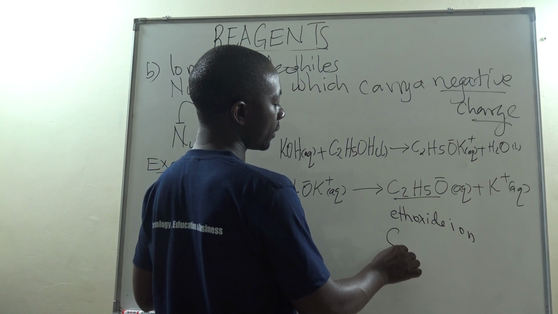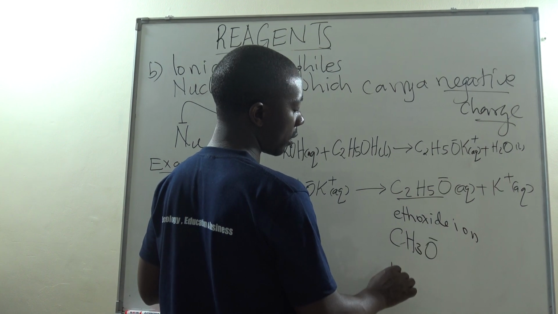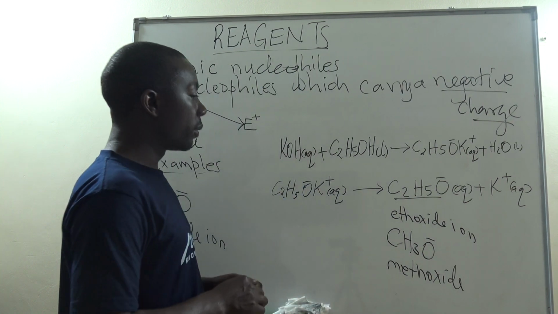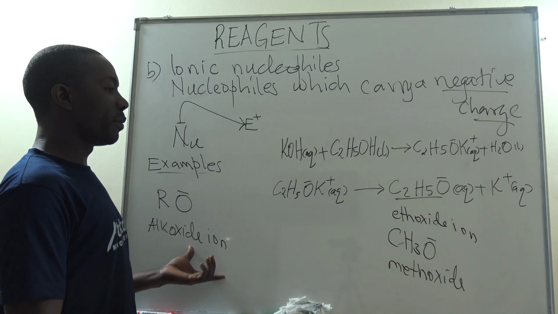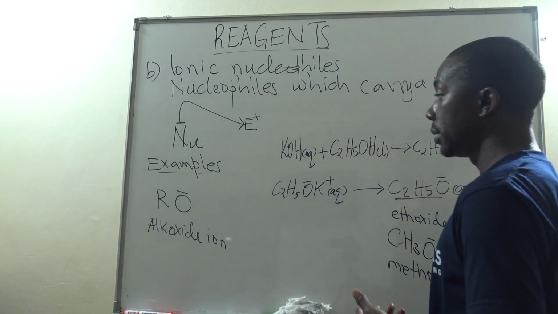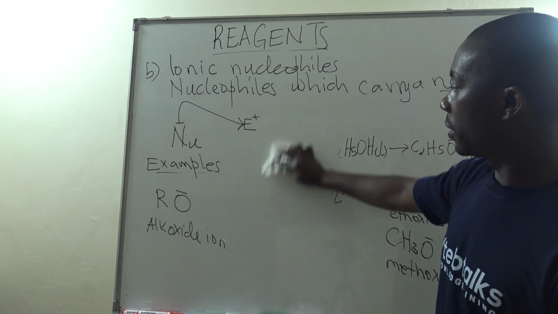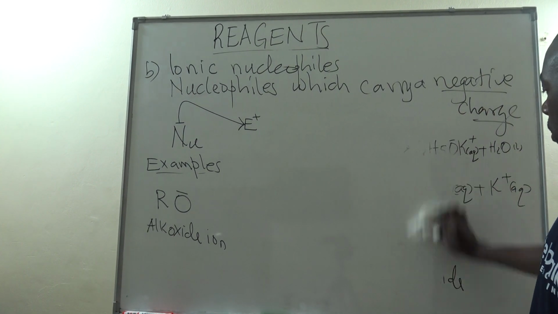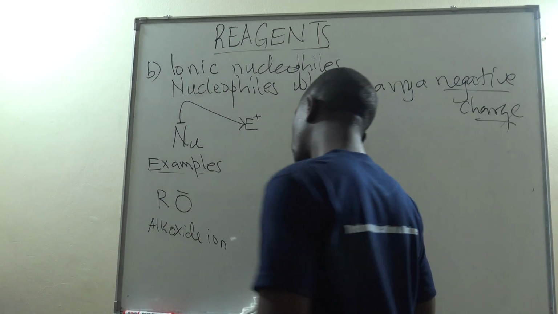Now, suppose we had this, that one we would definitely call methoxide. It is one of the examples of a nucleophile, and we basically use it during preparation of alkenes from alkyl halides, preferably tertiary and secondary alkyl halides. So that is one of our examples of ionic nucleophiles.